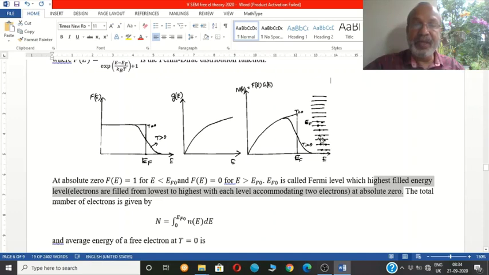Up to an energy level EF0, which is called the Fermi level at 0 Kelvin, EF0 can be defined as the highest filled energy level at absolute 0. That is the definition.